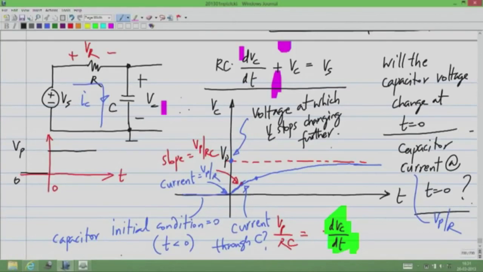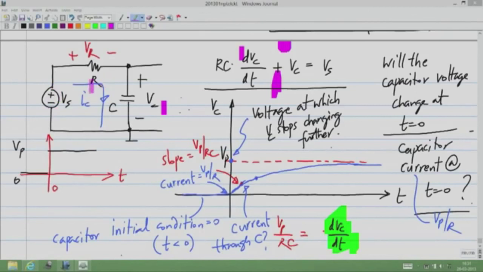So that means that the voltage across the capacitor increases. As the voltage across the capacitor increases, the voltage across the resistor reduces, and that reduces the current and the slope of the capacitor voltage. And this happens continuously. The capacitor voltage will increase little by little, and the current through it will reduce little by little, reducing the slope of increase. Finally, the slope of the capacitor voltage almost becomes 0, and you can say that the capacitor voltage reaches some value, and that value is Vp.